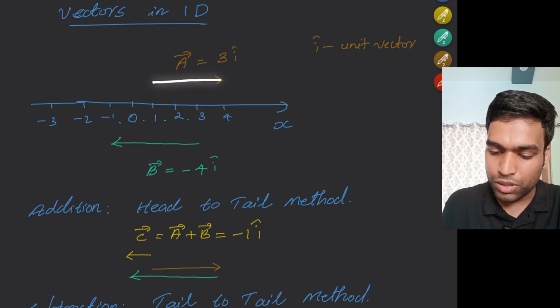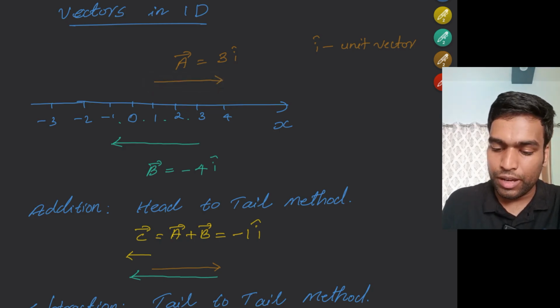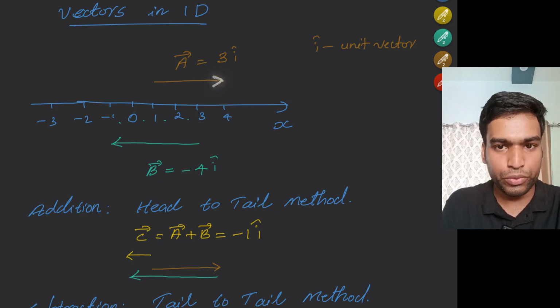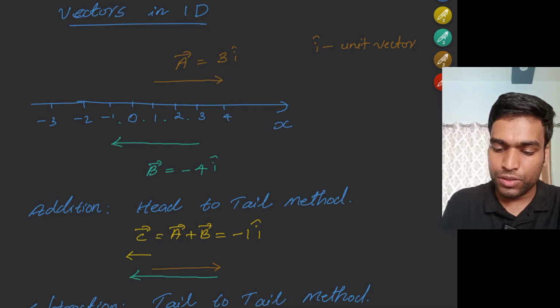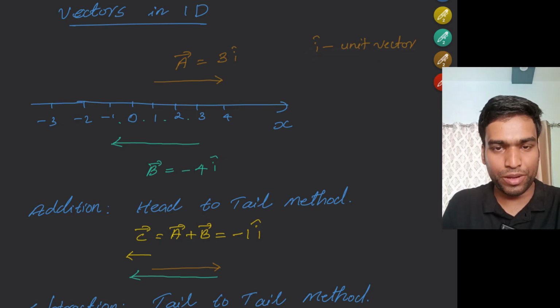We will use this arrow mark for representing the vector. The arrow's length gives you the magnitude, and the head gives you the direction. So you can count 1, 2, 3, that is the magnitude, and the direction is represented by i cap. What is i cap? i cap is a unit vector in the positive x direction.